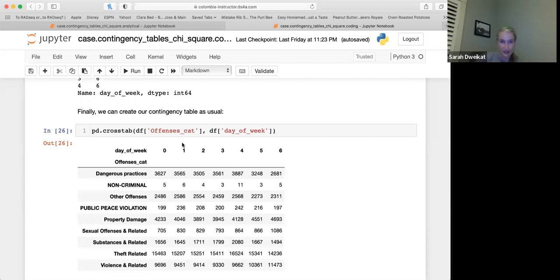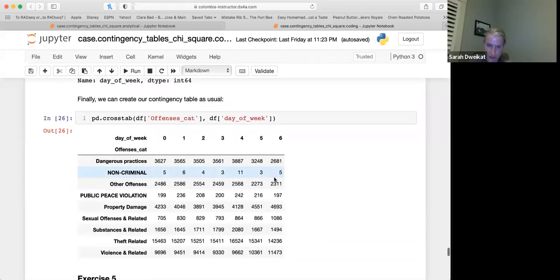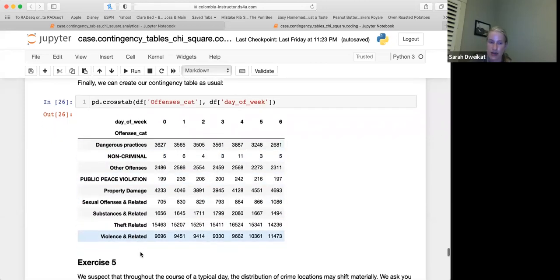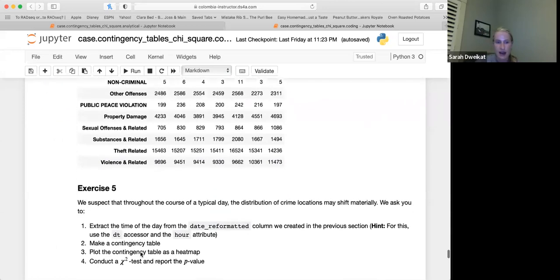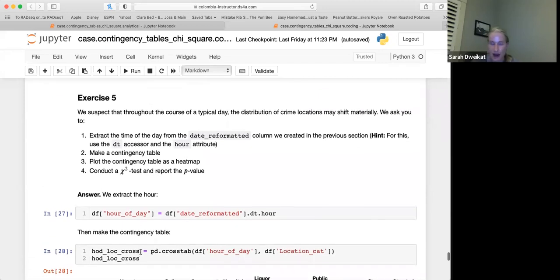So we make our contingency table with this crosstab function using the offenses and then day of the week. And remember, we made our day of the week up here. So now we have that 0 through 6, and we have our offenses category. For the sake of time, I will show you exercise 5.